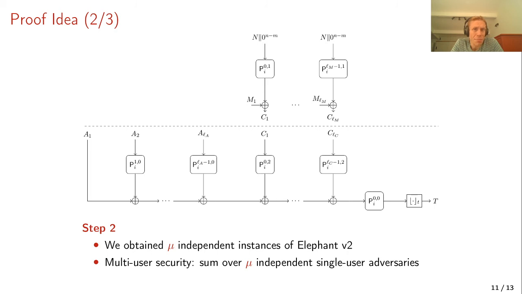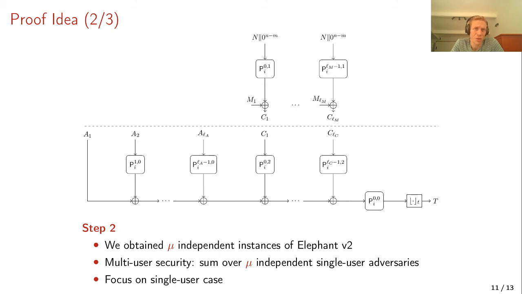Those are all independent, and the attacker can evaluate multiple of them, it can evaluate mu of them, but they are all independent. And this means that we can simply consider mu independent single user adversaries with joint complexity sigma p, and then we can sum over all these mu independent adversaries, and then we get our bound. So we have to focus only on a single user case.